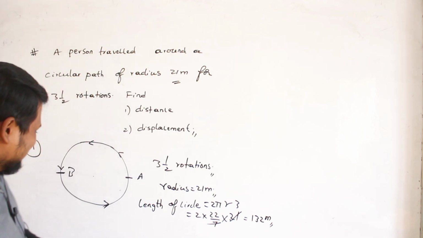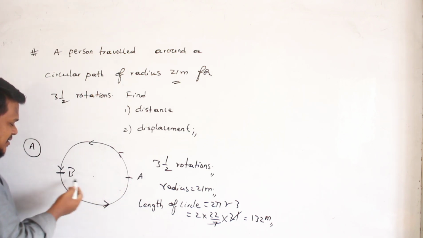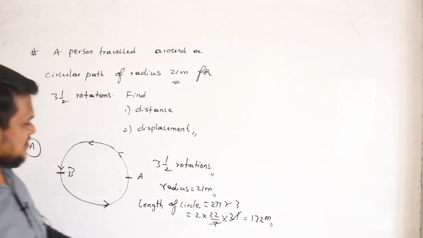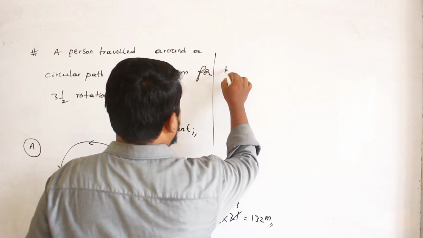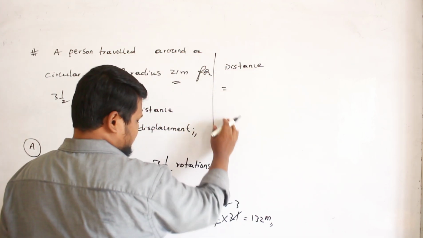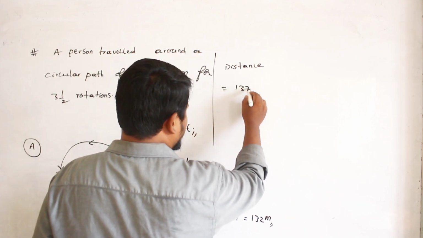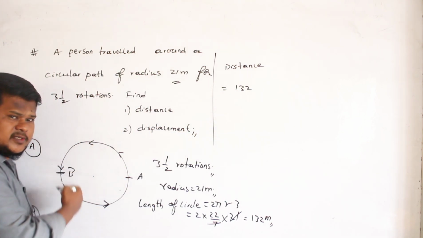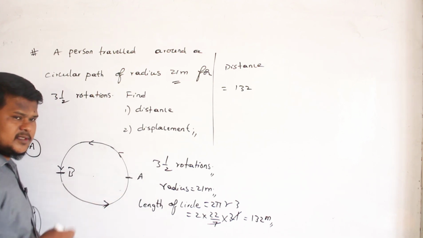Okay? So, started from here, reached this point. Clear? So therefore, what is the distance traveled? For one rotation, it is 132. If he completes one rotation, the total distance traveled is the length of the circle, 132.